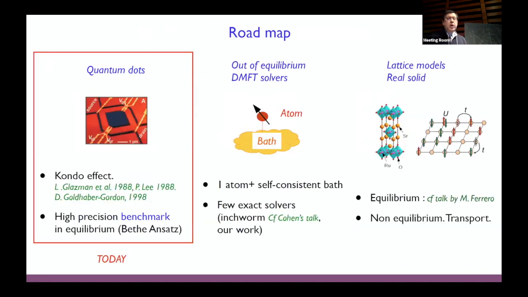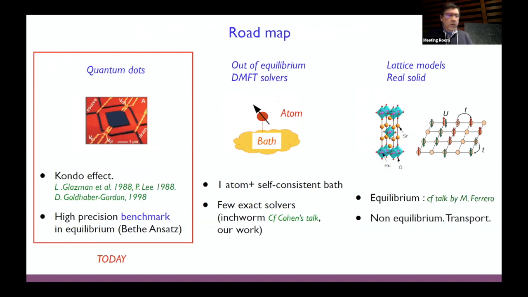So that's the challenge. The roadmap which we have is to start with simple systems, quantum dots, that I will describe today. Because in these systems, we know the physics, we can compare to experiments, and we also have, as you will see, a high-precision benchmark in equilibrium with Bethe ansatz. But these methods are not specific to quantum dots.